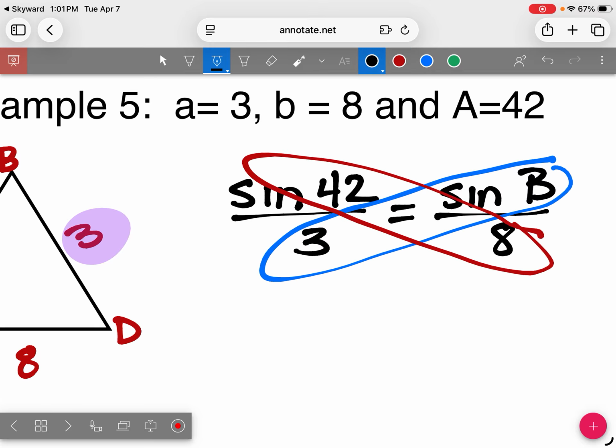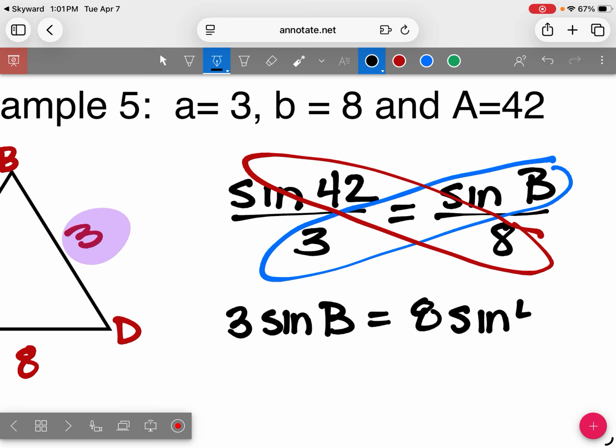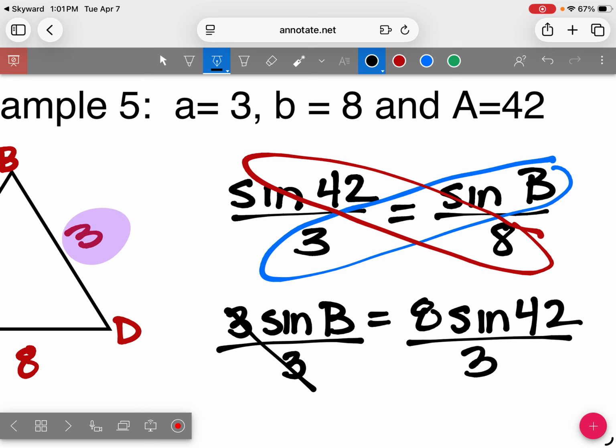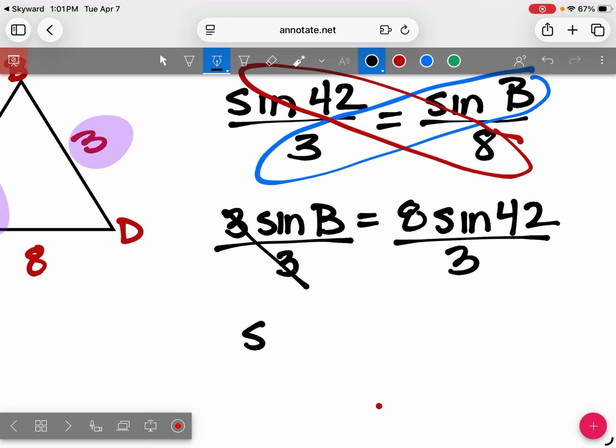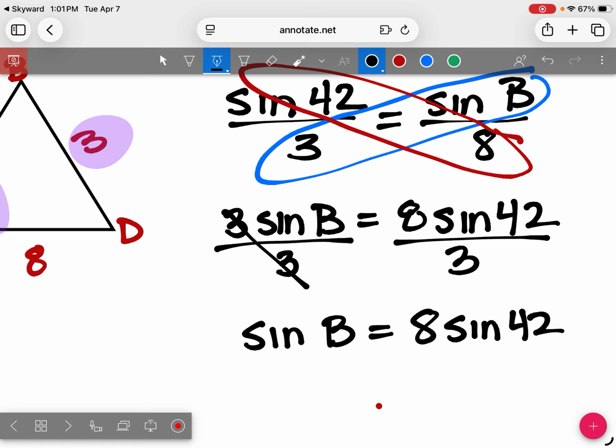So that's going to give me 3 times the sine of angle B equals 8 times the sine of 42. Divide both sides by 3. So that means that the sine of angle B equals 8 sine 42 over 3.